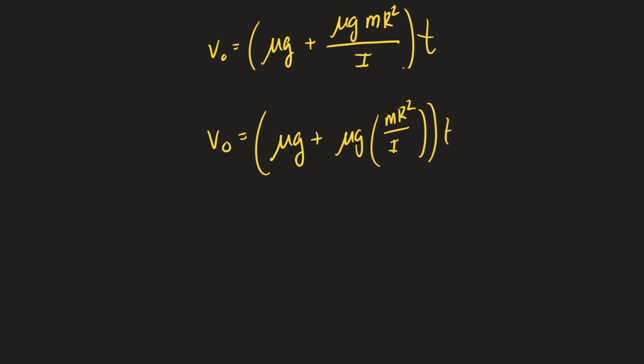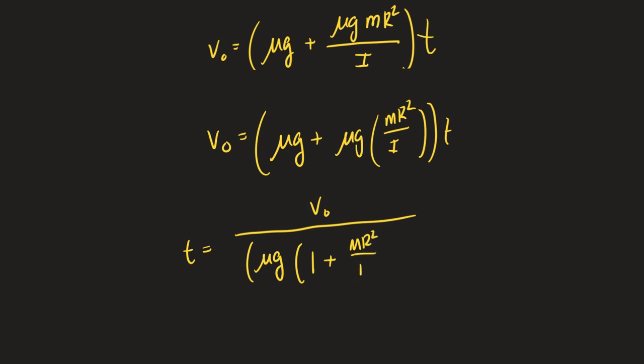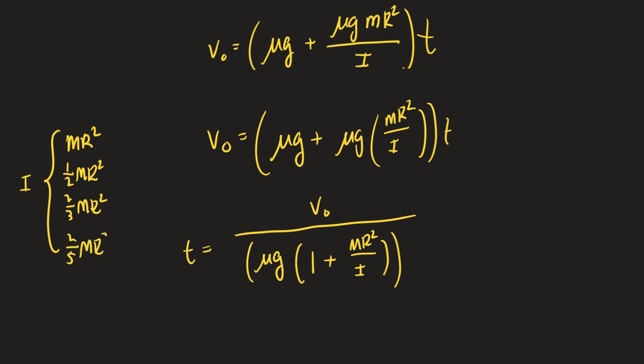Because then I could put in a disk, a sphere, a hollow sphere, whatever I want. So T looks really cumbersome, but it also tells me something that I hope you guys see. I just pulled out the mu g. If we look at this, I is going to be mr squared, or 1/2 mr squared, or 2/3 mr squared, or 2/5 mr squared.